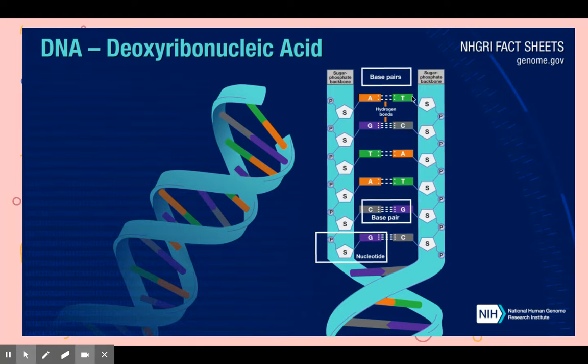Between your nitrogenous bases, they are bonded together by what we call a hydrogen bond. We're not going to get into the chemistry of that, but there are different types of bonds in chemistry: covalent bonds, ionic bonds, and hydrogen bonds. What you really just need to know is that it is the hydrogen that is bonded together to create this bond that happens right here at the base pair.